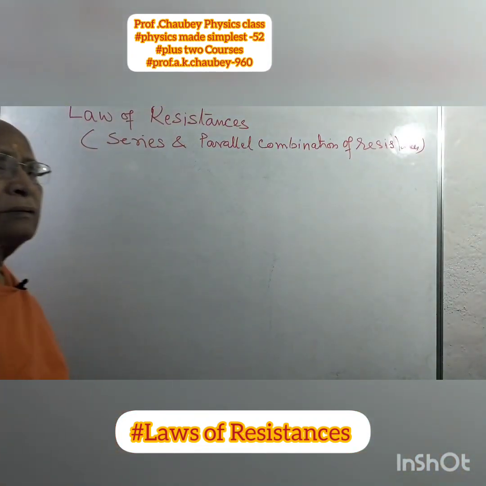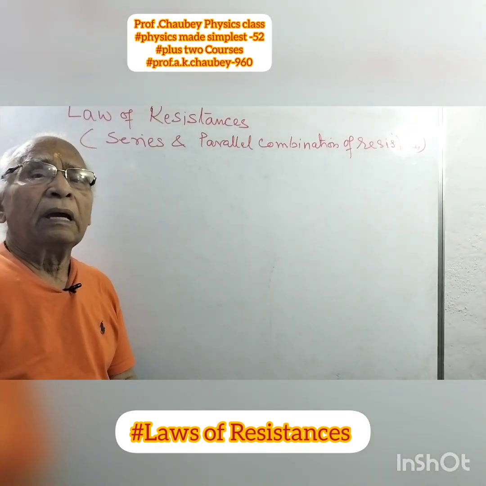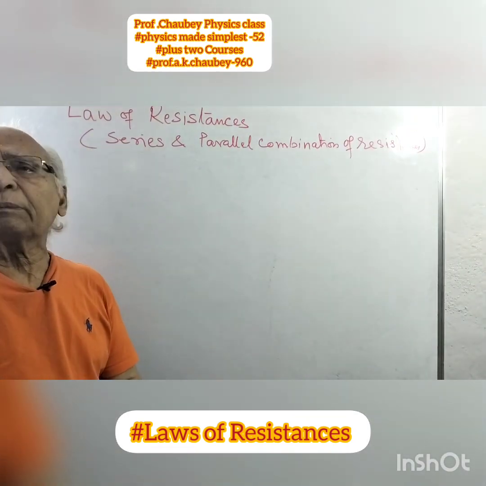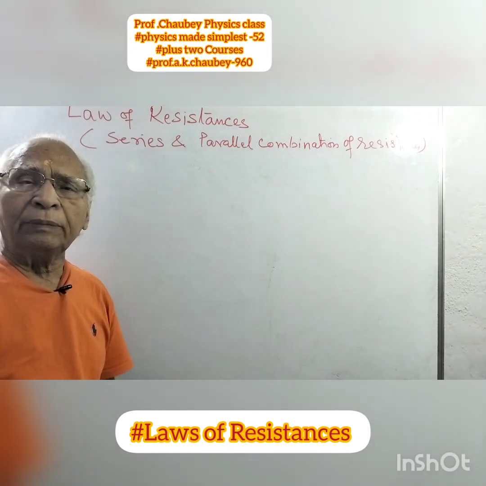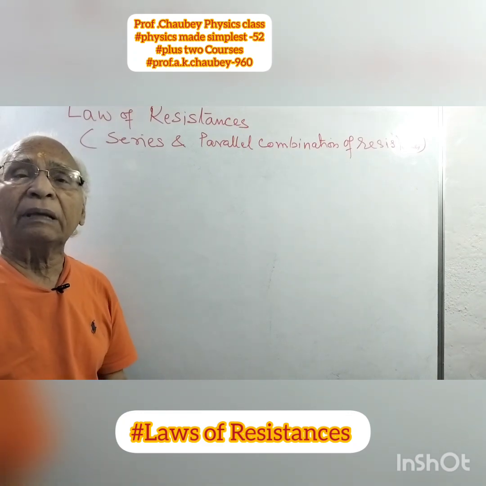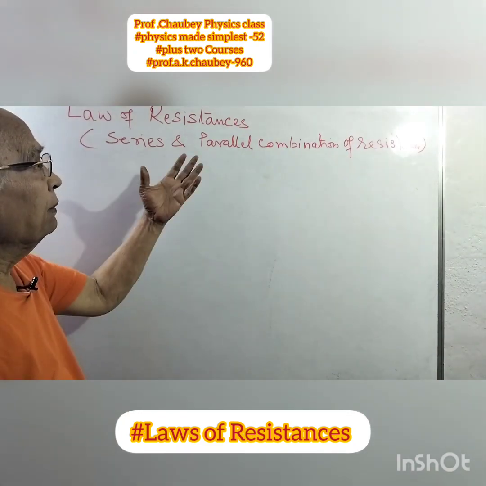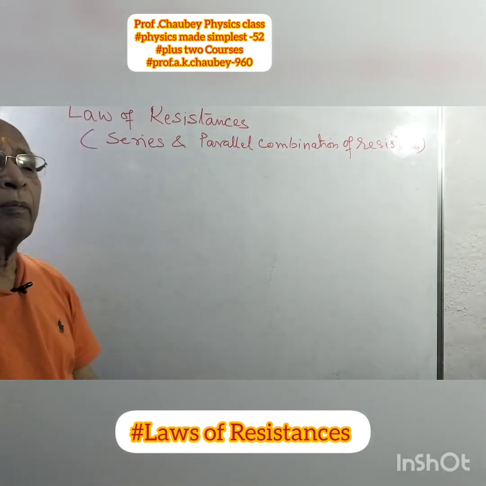Means if we have more than one resistance, 2, 3, 4, and we want to make some network, some circuit, how we connect them in series, what will be the total resistance, and what will be the total resistance if we combine them in parallel. So we will talk about the series and parallel law of resistance combination.